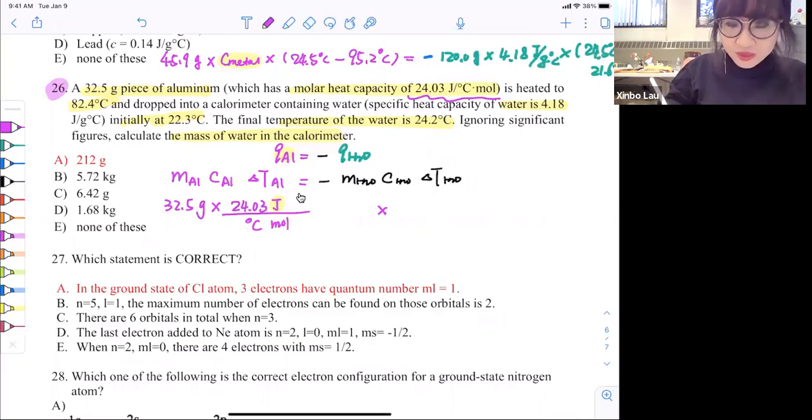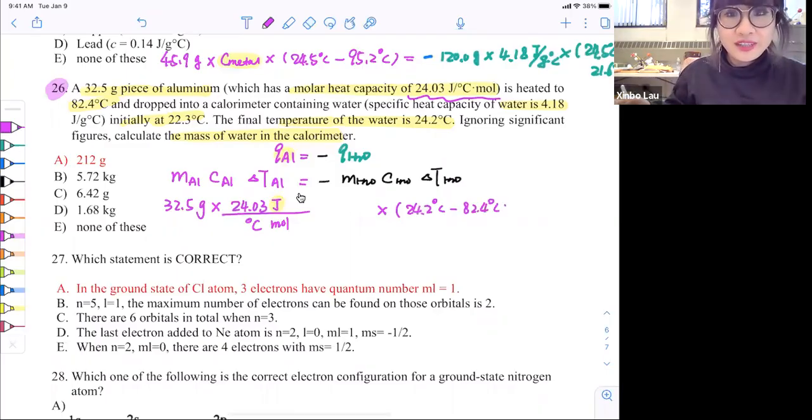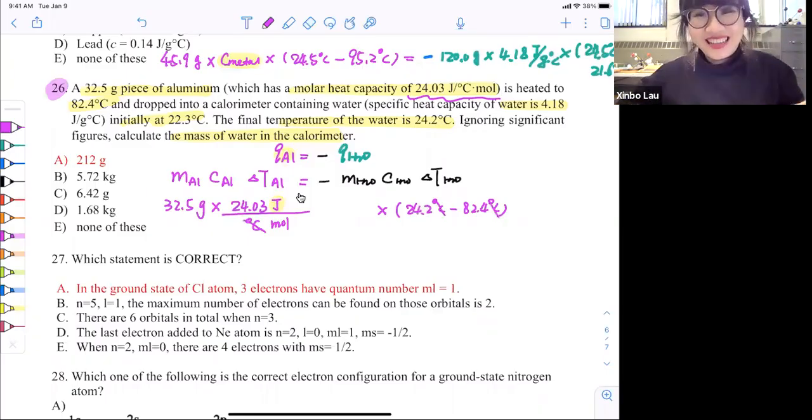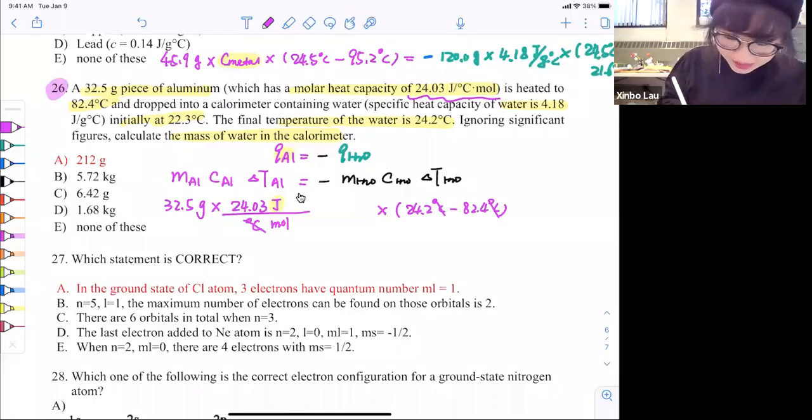Temperature change for aluminum is initial 82.4, final is 24.2, so 24.2 minus 82.4. That's the temperature change. Then the degree C cancels out. But that gram per mole, how can I cancel that out? I know how: grams and moles are related by molar mass. So you just need molar mass. I'm going to use a different color right here.